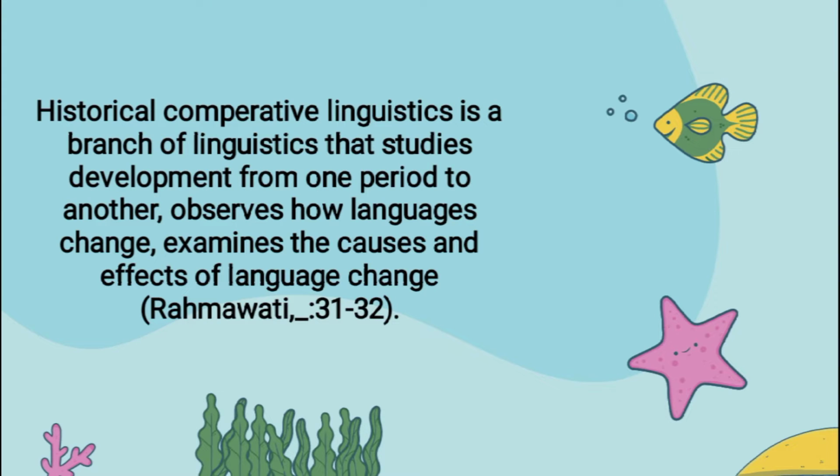And then the second description is from Rahmawati. Historical comparative linguistics is a branch of linguistics that studies development from one period to another, observes how languages change, examines the causes and effects of language change.